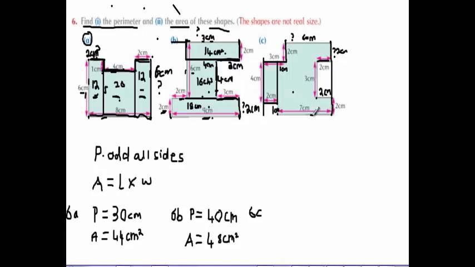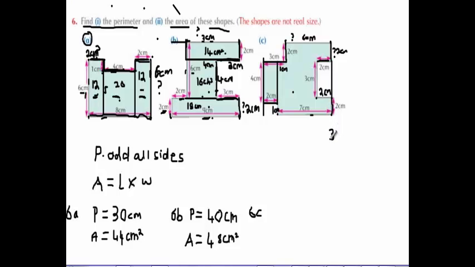So I'm going to start down here with 7 centimeters, plus 1, 8 centimeters, plus 2 is 9, 10 centimeters, plus 4 is 14 centimeters, plus 3 is 17 centimeters, plus 2 is 19 centimeters, plus 6 is 25 centimeters, plus 2 is 27 centimeters, plus 2 is 29 centimeters, plus 3 is 32 centimeters, plus 2 is 35 centimeters, plus 2 is 37 centimeters.